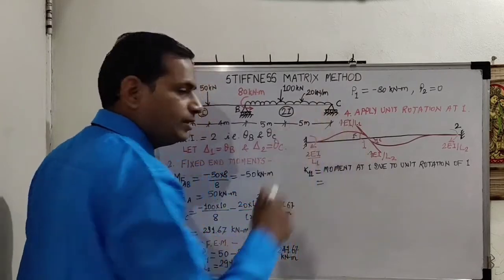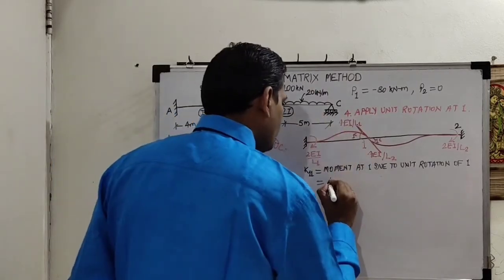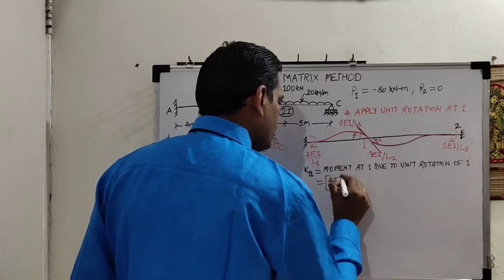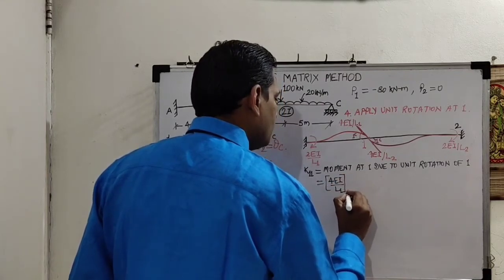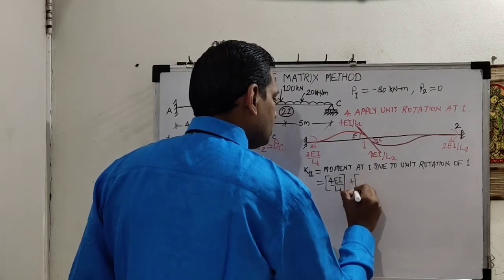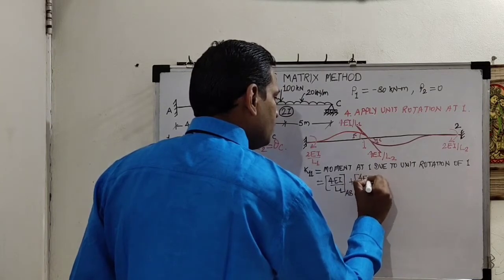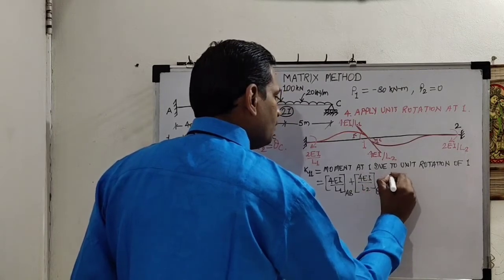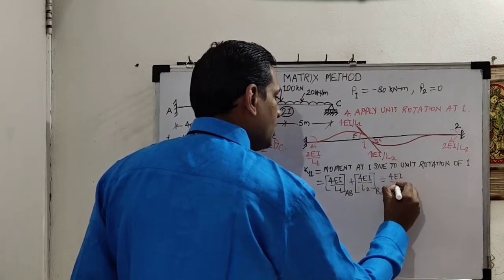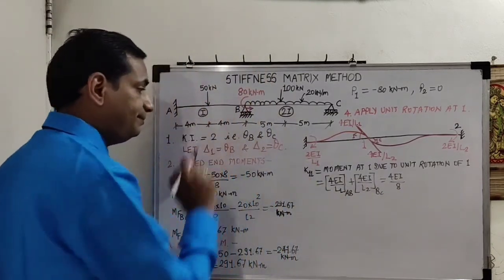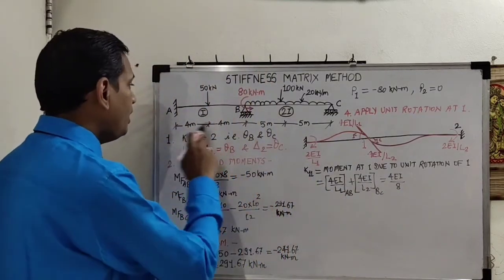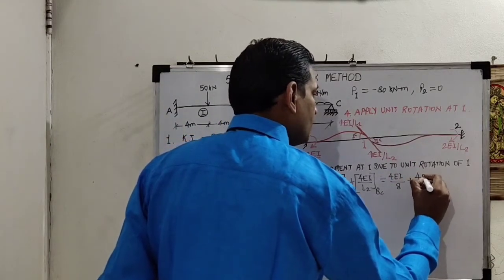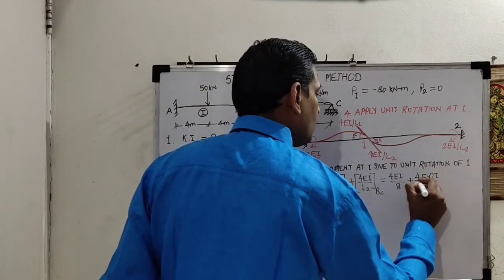These two stiffness values, 4EI by L1, which is of span AB, plus 4EI by L2, which is of span BC. So 4EI by 8, I value for span AB is 1I, L1 is 8, plus 4E into 2I upon 10.